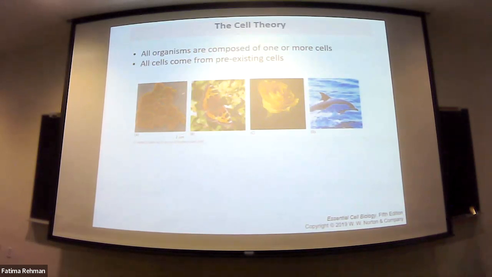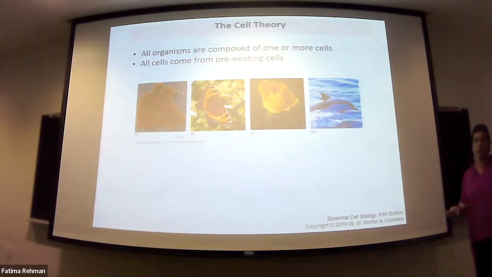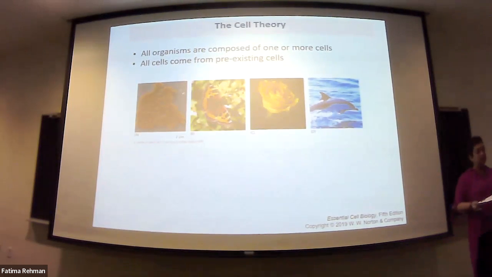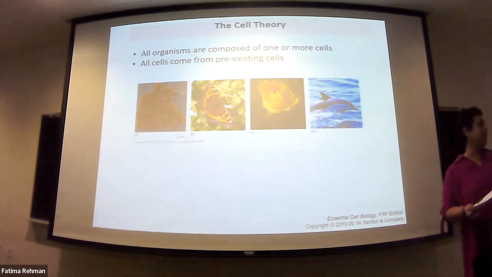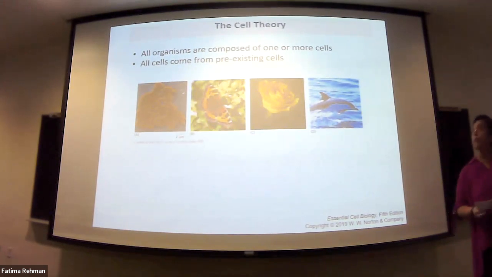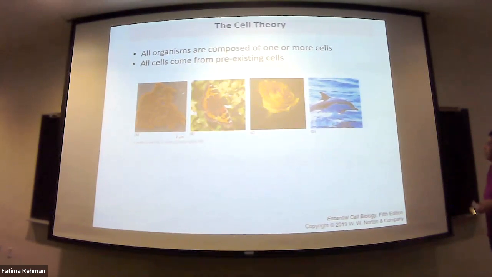Okay, so looking at where these cells come from, every single living organism that we're going to look at is going to be composed of this basic unit, which is a cell. Some of them will only have a single type of cell, and many of them are going to be composed of multiple types of cells coming together to create this community that will develop that entire organism.